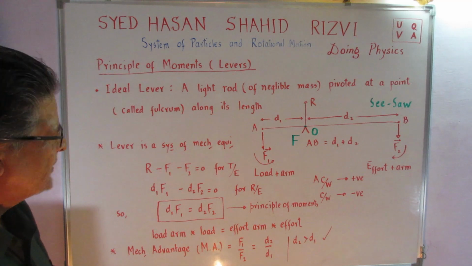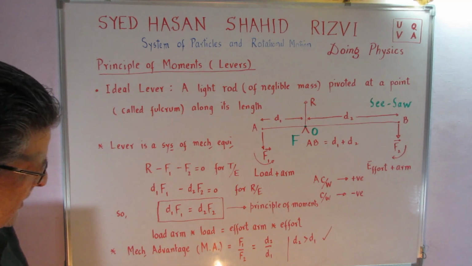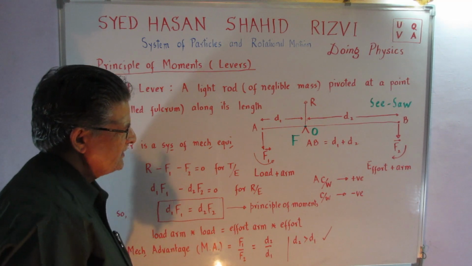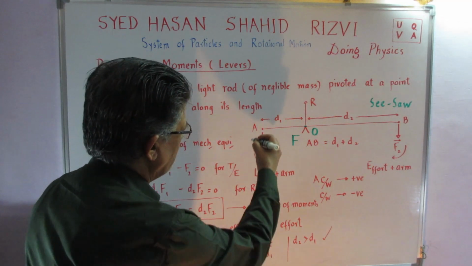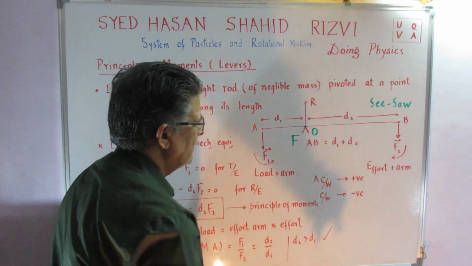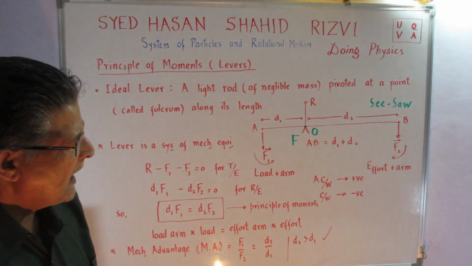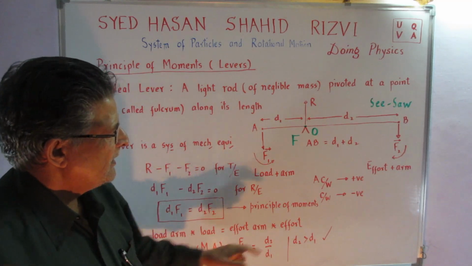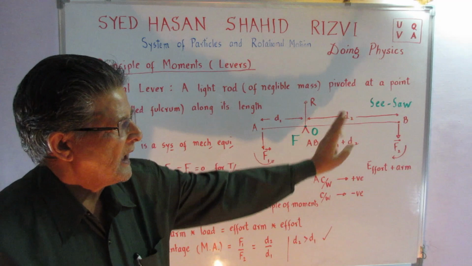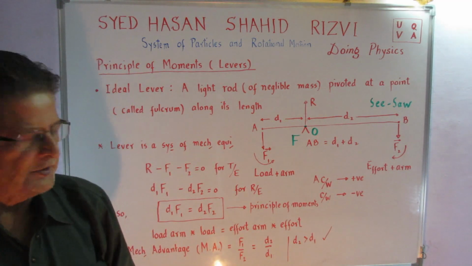Here, in this case, I have shown that the force acting here is just perpendicular to the arm D1, and this force is also perpendicular in the downward direction, with an angle of 90 degrees.